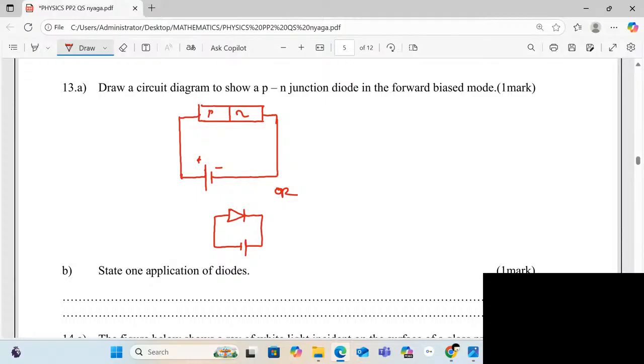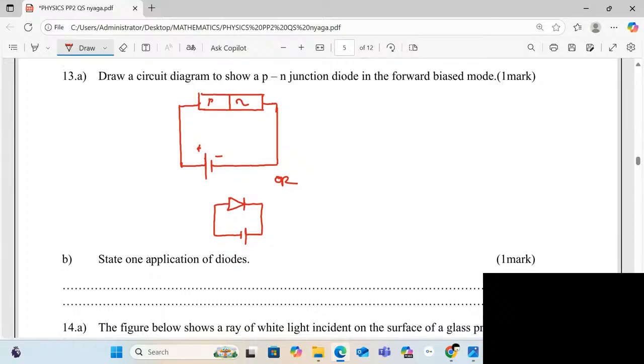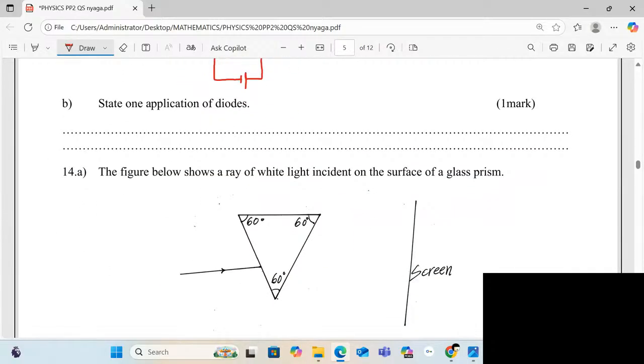Okay. State one application of the diodes. This one will just be a matter of stating, and therefore there will be no big issues. Since you are told to state only one application, then during exam time, you are supposed to state only one. But because now we are in revision mode, I can state several.